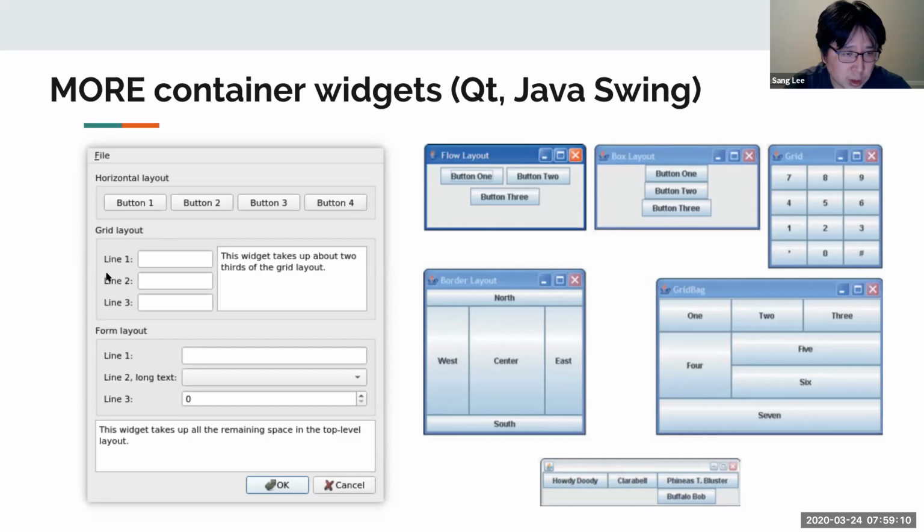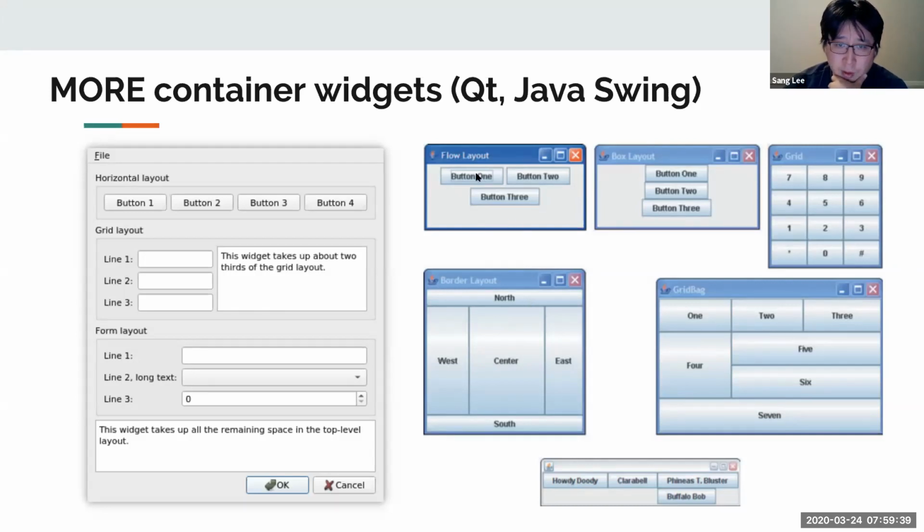Grid layout is basically creating a virtual grid and then placing each widget into each cell. But you can see that this particular widget is using multiple cells. Form layout, and this one is coming from Qt, and this is from Java Swing.